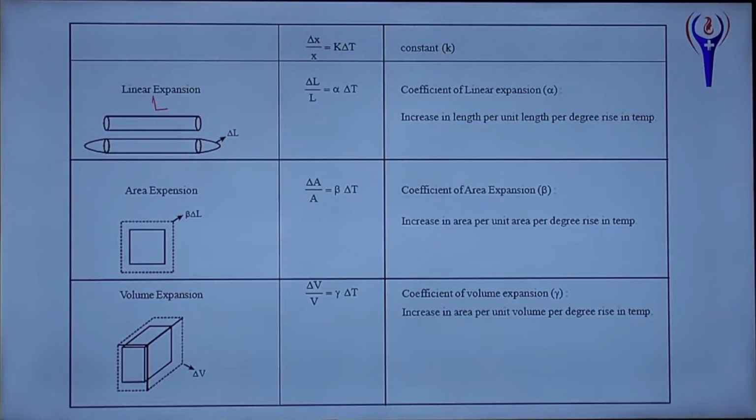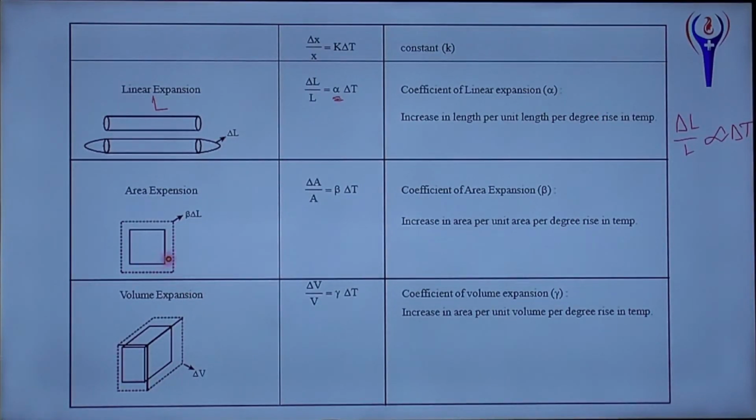Then fractional change in length, delta L by L, is proportional to delta T, increase in temperature. By removing proportionality we are giving a constant, that constant is alpha. Alpha is called coefficient of linear expansion.